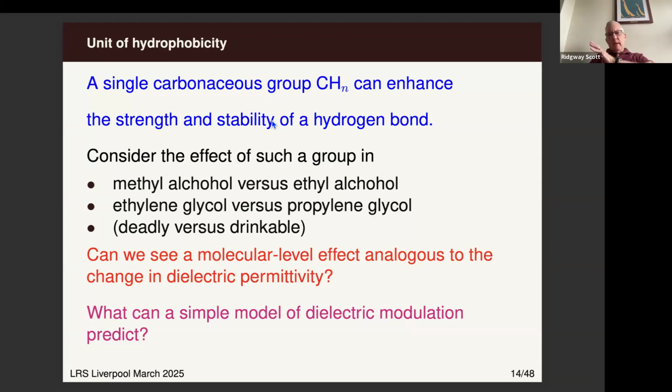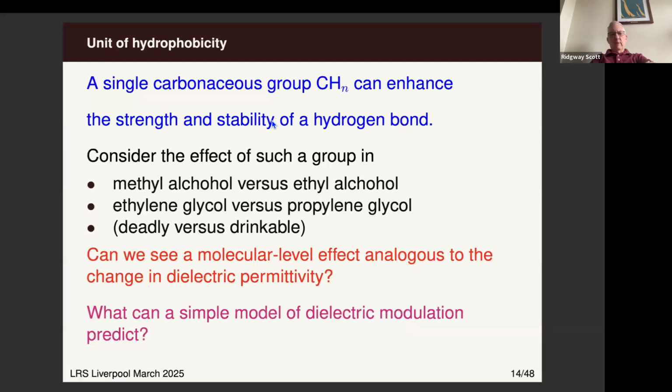Well, my chemistry is not great, and I wanted to understand what that means. Why could a single carbonaceous group have such a big effect? Then I thought about things like methyl alcohol and ethyl alcohol. One is deadly, one is drinkable. Or ethylene glycol versus propylene glycol.